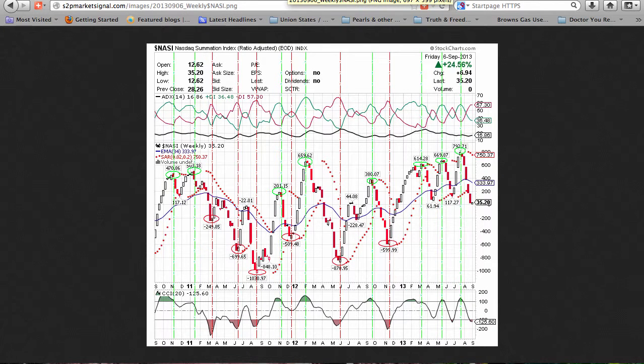The well-known market breadth indicator, the Nasdaq McClellan Summation Index, rose 6 points for the fifth rise in 15 weeks.